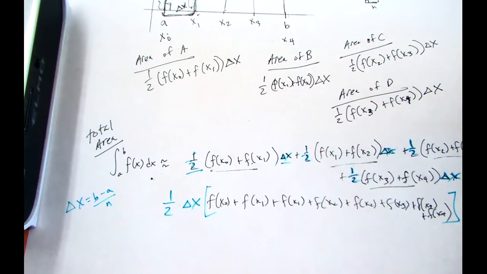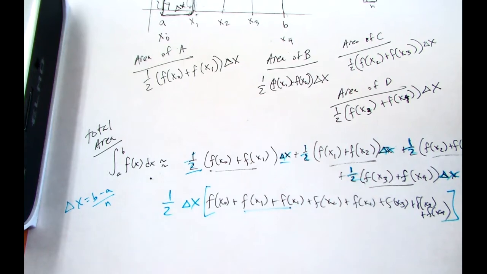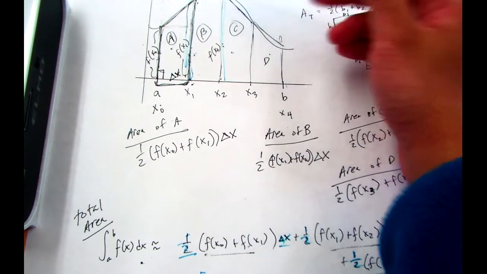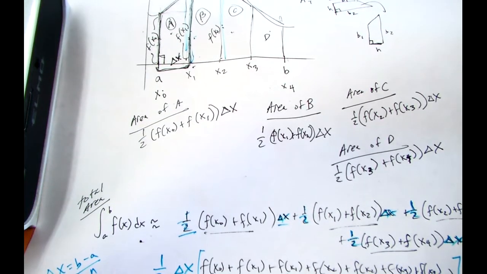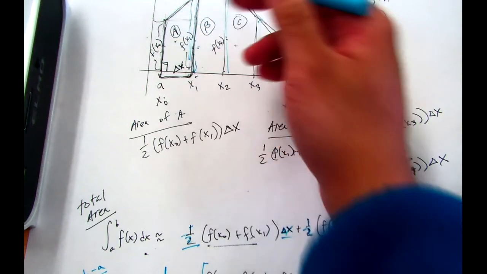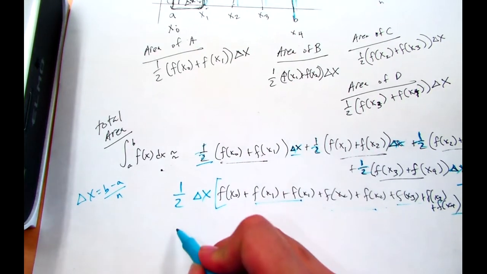Okay, well, curiously, you'll see that a bunch of them are used twice. x1's used twice, as we saw a moment ago. It's overlapping. f of x2 is used twice, and there you see it right there. f of x3 is also used twice. f of x4 and f of x naught are not used twice. So, in essence, what you have is the following.